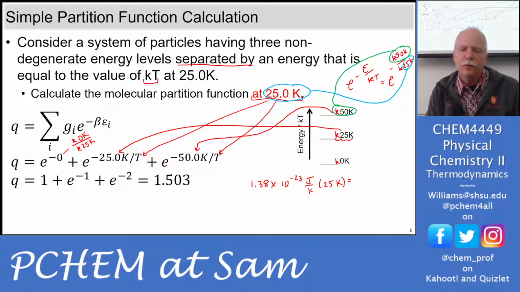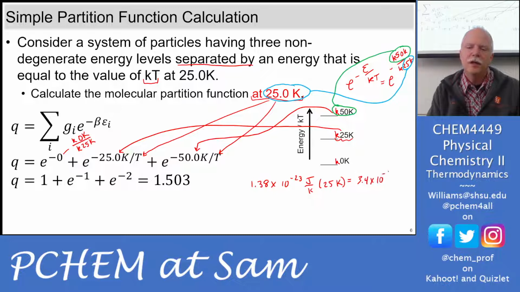That's roughly 3.4 times 10 to the negative 22 joules. Okay, so like I said, we could label our energy levels. Like this one would be 3.4 times 10 to the negative 22 joules.